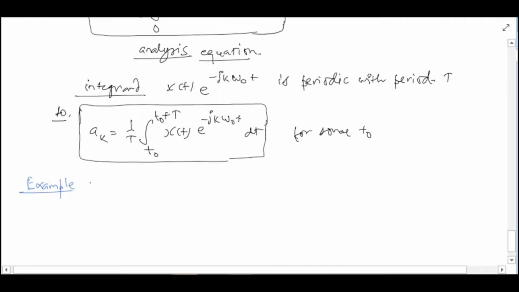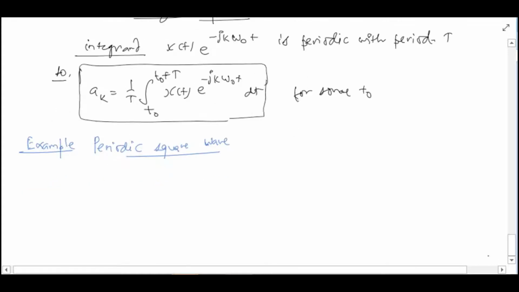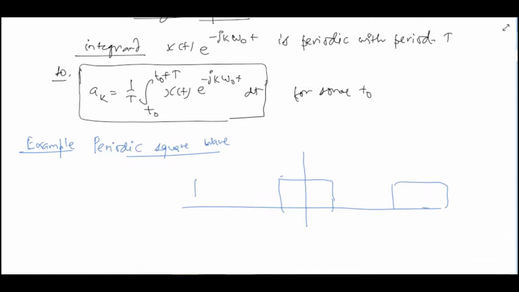Okay, let's see an example. The example that we take is of a periodic square wave. So here is the example. It's a square wave with period T. So this is 0, T, minus T, and the square pulse width is 2T1.